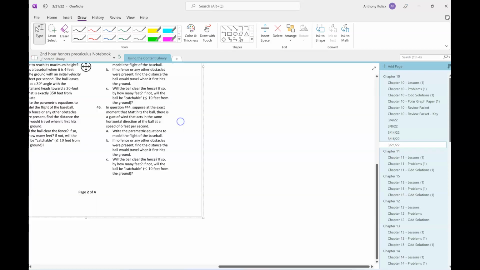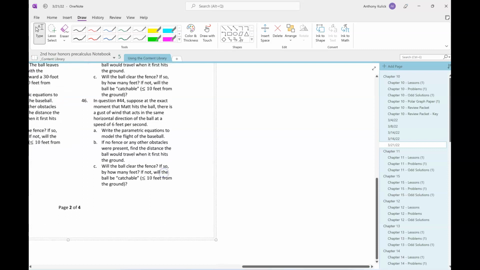All right. It says in question 46: assume at the exact moment that Matt hits the ball, there's a gust of wind that acts in the same horizontal direction of the ball at a speed of 6 feet per second. Write the parametric equation for the flight of that ball.